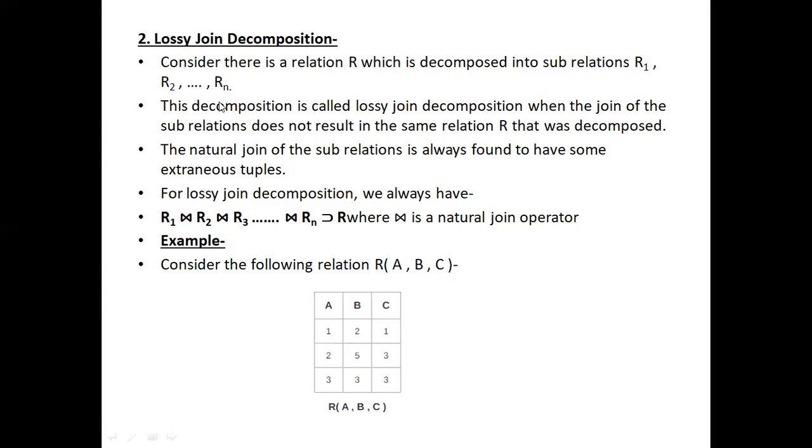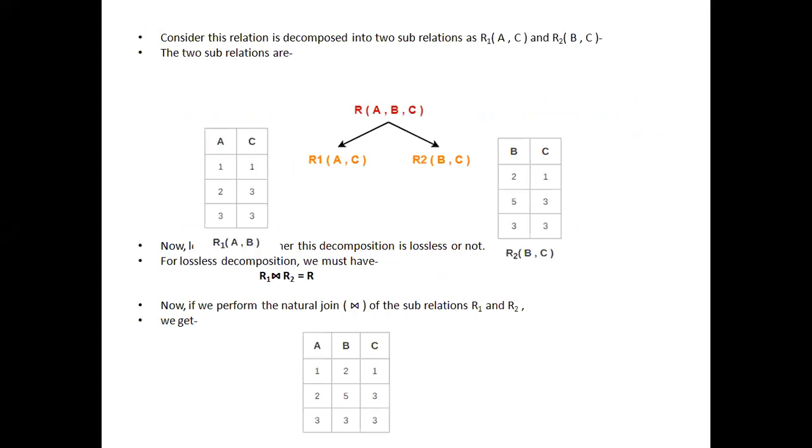These types are called lossy join decomposition. So if we split the main table into sub-relations and rejoin with the help of natural join, we can get some extra tuples or some fewer tuples. That is possible, and that means there is a loss of data.